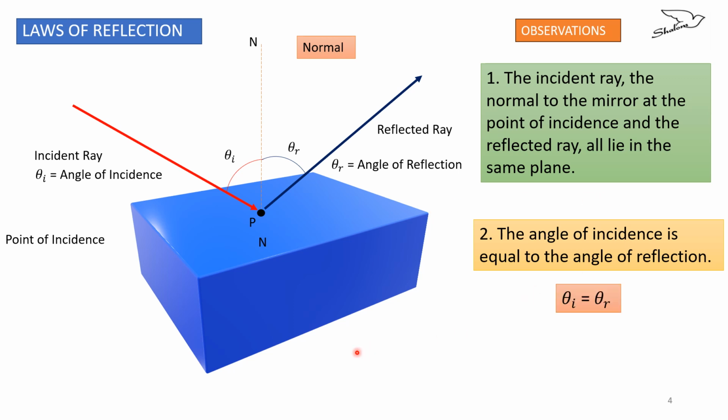What it means is that theta i equals theta r. So the angle made by the incident ray with the normal is equal to the angle made by the reflected ray with the normal. This is the second law of reflection.